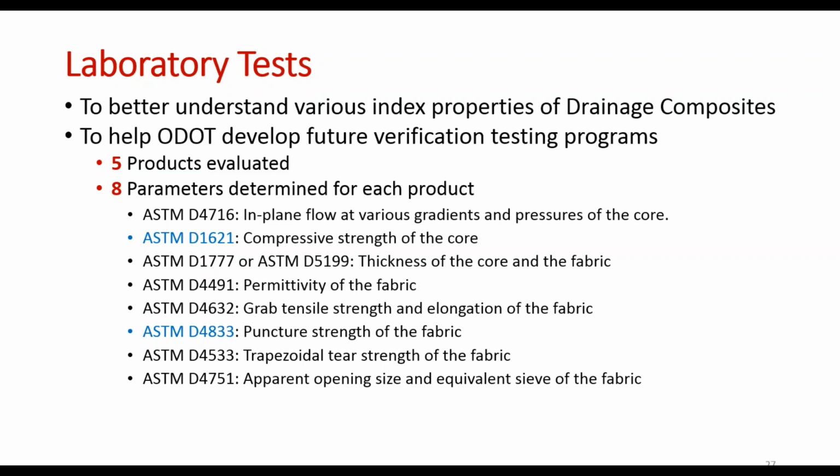The highlighted 2 ASTM standards were originally recommended by ODOT, but later on we found that these 2 standards are not very suitable for PCDS. I will explain a little bit more later.